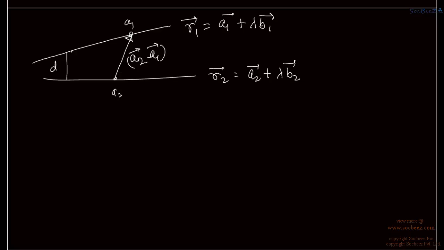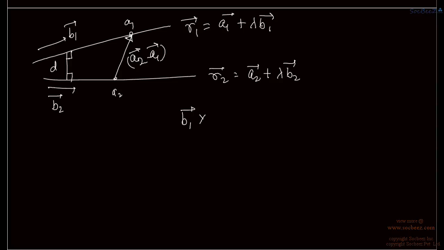We have to find this distance, which is the shortest one. If you notice, this shortest distance must be perpendicular to this line as well as this line. So what is a vector which is perpendicular to both vectors B1, which is in the direction of line R1, and B2, which is in the direction of line R2?